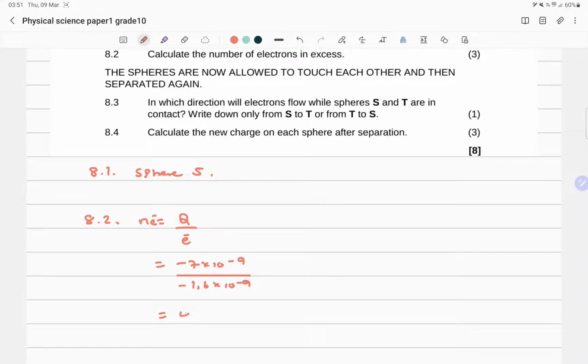Alright, so I'm getting 4,38 electrons. Now tell me, can electrons have a comma? That's crazy, isn't it? Anyway, let's just leave things the way they are, but I would say approximately just 4 electrons, because the number of electrons to me has to be round.